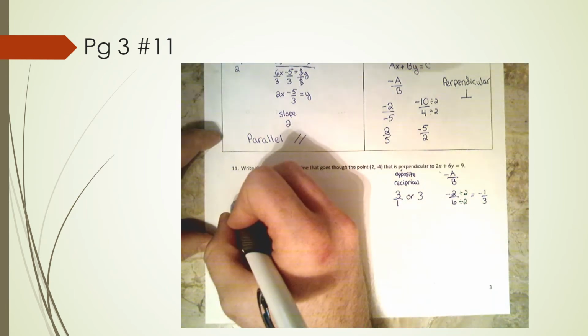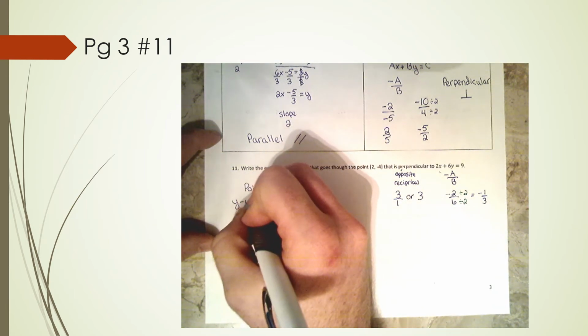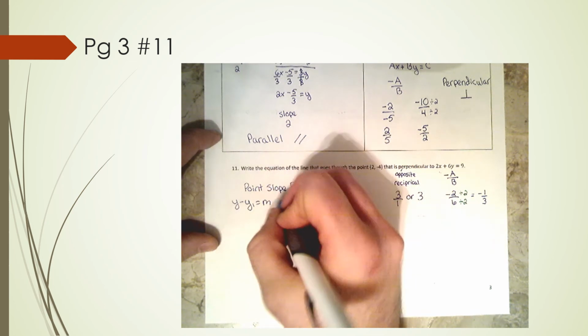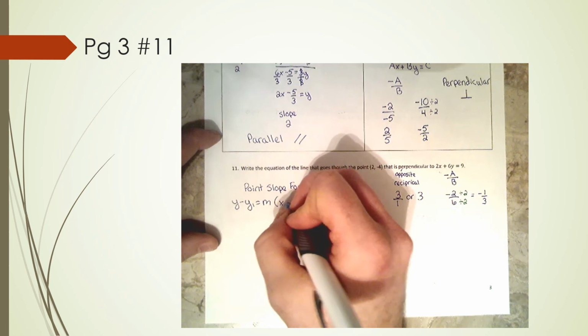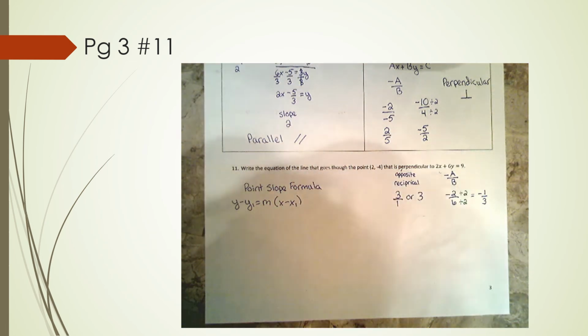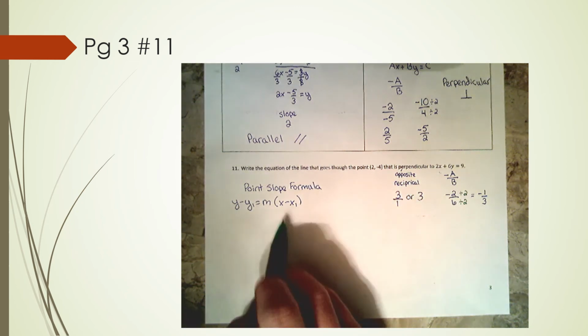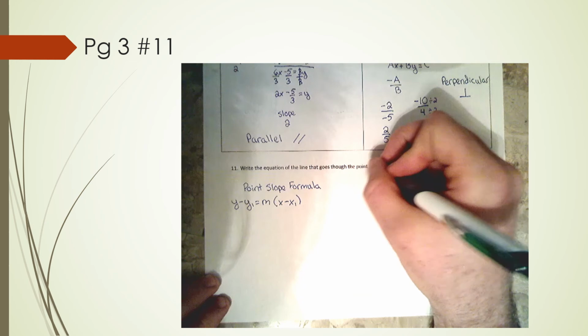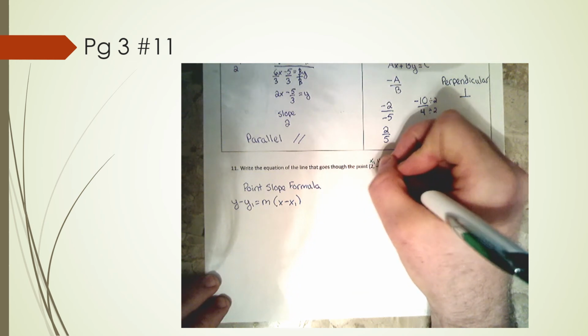So this one is y minus y1 equals m times x minus x1, and then you close your parentheses. So the x1 and the y1 is the point that they gave you. So x1, y1.